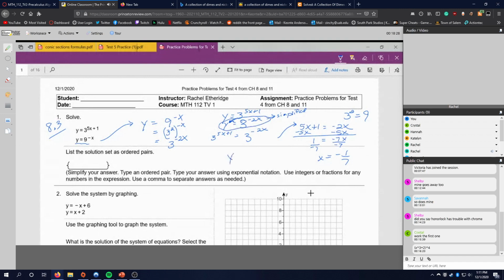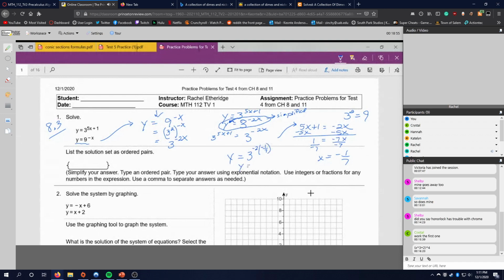Now, if you plugged into y equals 9 to the negative x and it wasn't simplified all the way, and let's say MATLAB counted you wrong, I would go back in and count it right. So I'm going to plug into this one, 3 to the negative 2 times negative 1/7. That's where I plug in x.